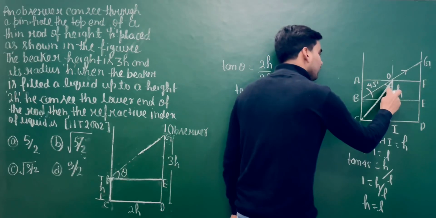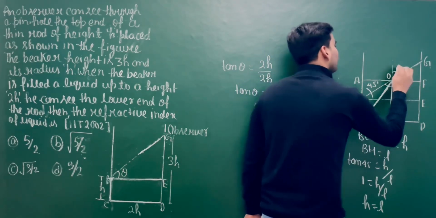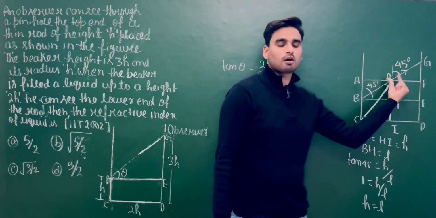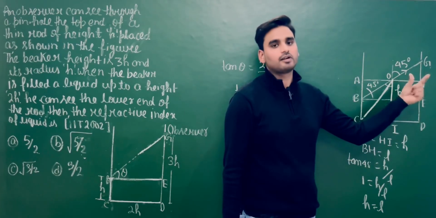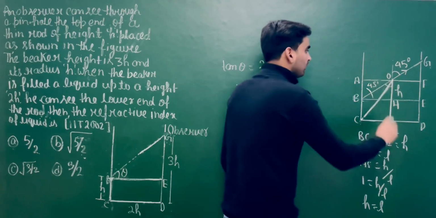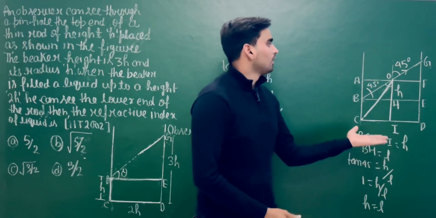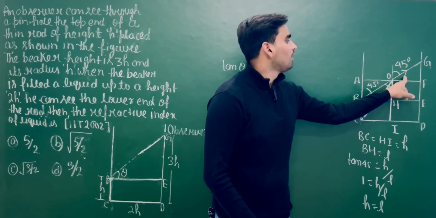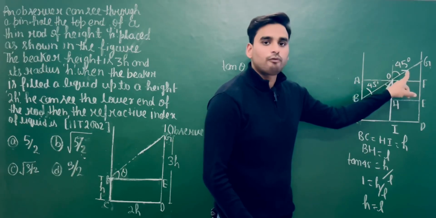If this is 45, then this is also 45. Why? Because these two are vertically opposite angles that are equal. It gives light gets refracted in air at an angle of 45°.